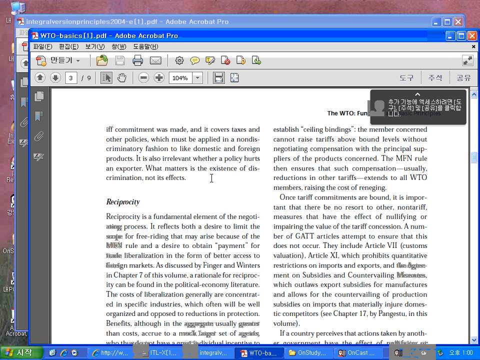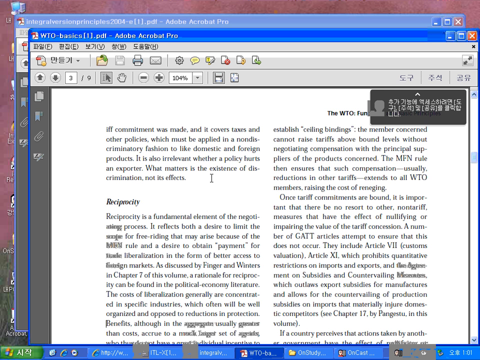So what matters is the existence of discrimination, not its effects. National treatment differs from MFN because it just matters within the domestic market. The MFN is a principle to guard against discrimination in the international area. So the tariff line in time is critical to distinguish between those principles.